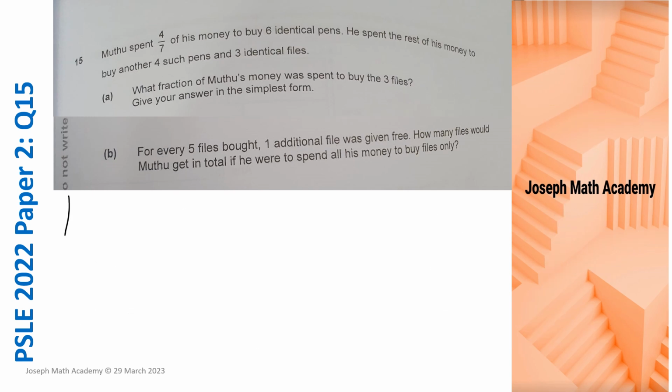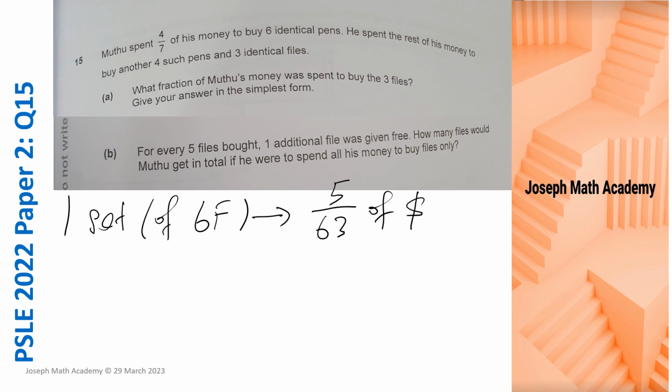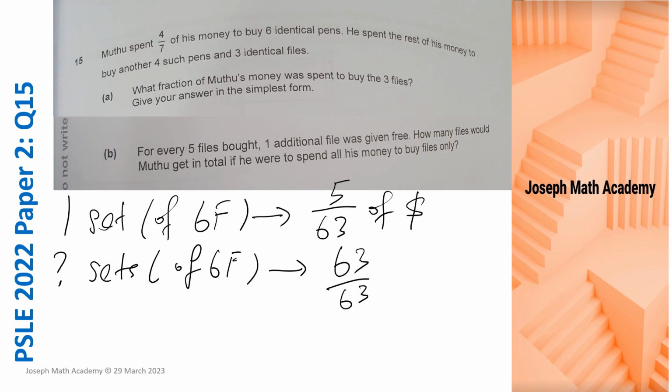So one more time, one set of 6 files, remember, buy 5 get 1 free. He spent 5 out of 63 of his money. So how many sets of 6 files, right, can he buy with his entire sum of money?